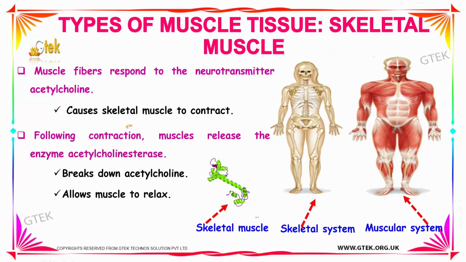So once the muscle releases the enzyme acetylcholine esterase, it breaks down the compound acetylcholine, and thus the muscle will be able to relax. So this is how the skeletal muscles function.